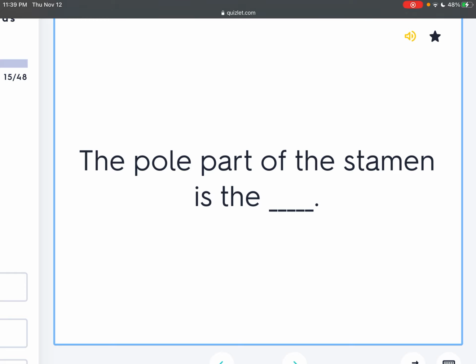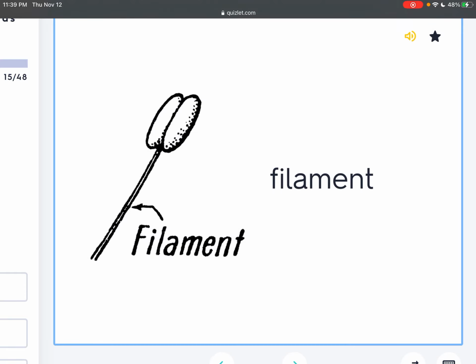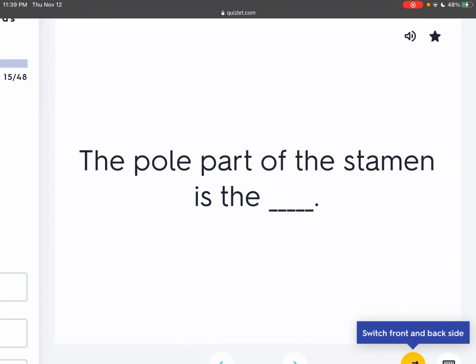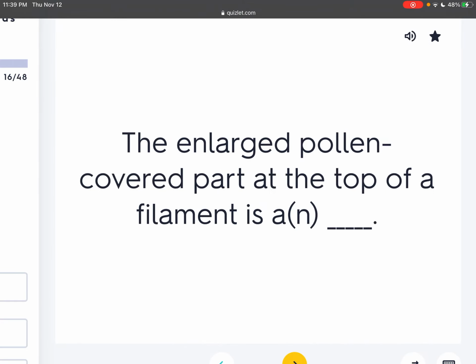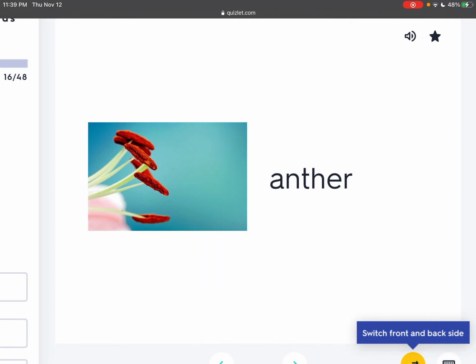The pole part of the stamen is the blank. Filament. The enlarged pollen-covered part at the top of a filament is a blank. Anther.